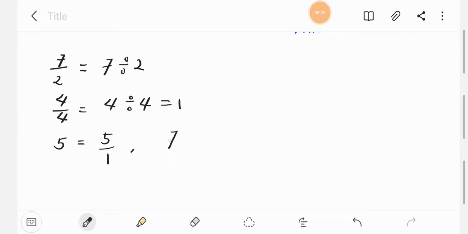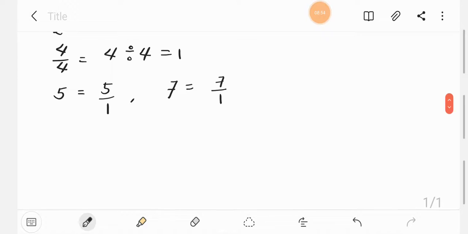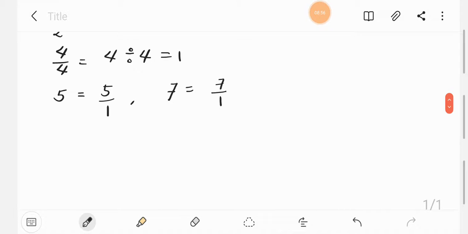So if there's number 7, then 7 is equivalent to 7/1. But we always use 7 instead of 7/1, right? So don't forget, if there's only an integer, then the denominator is always 1. And here is a very important concept.